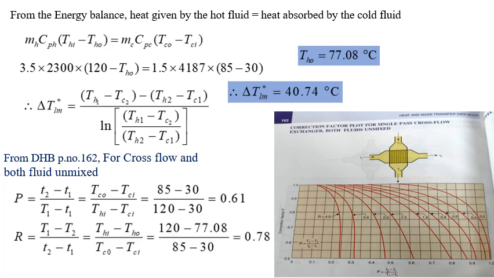Similarly, R is equal to capital T1 minus capital T2 divided by small t2 minus small t1. And all the values are known, so you will get 0.78. So for 0.6 along P, which is along the x-axis, you can get 0.6 somewhere here. Okay, and then R, these are the curves, R is 0.78.